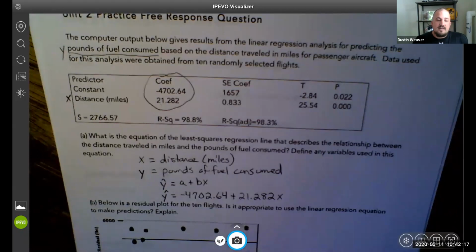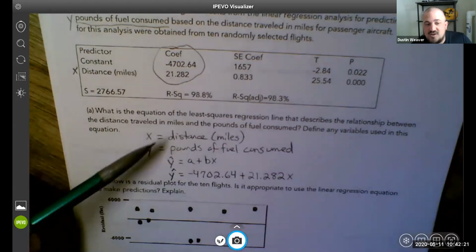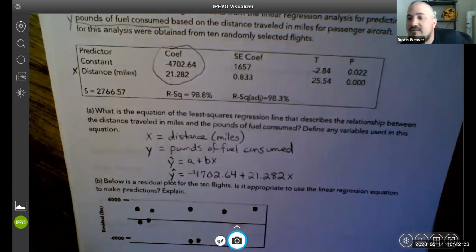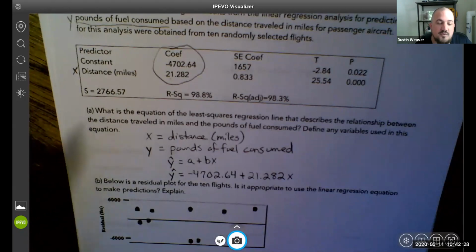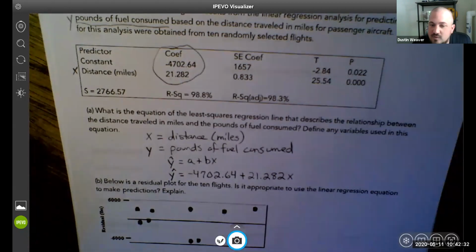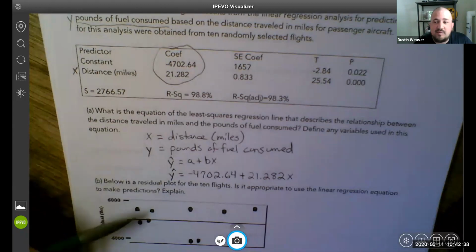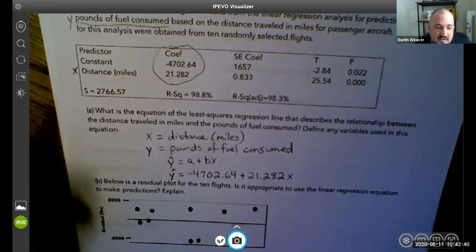So we have in A, there were 2 parts to this. Did you define your variables correctly? Do you have x as the distance in miles? Do you have y as the pounds of fuel consumed? And then do you have the correct linear regression equation? You need the correct equation here in A to be able to get B as well.